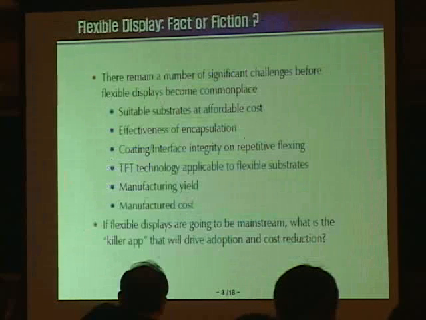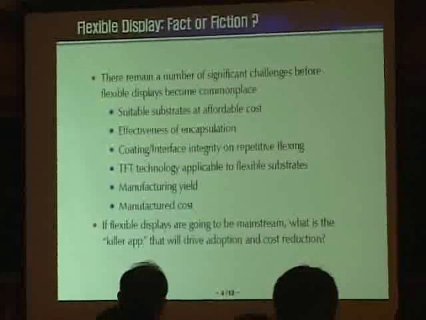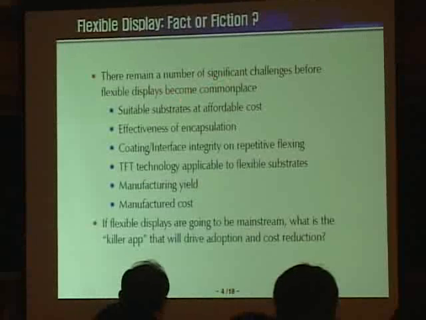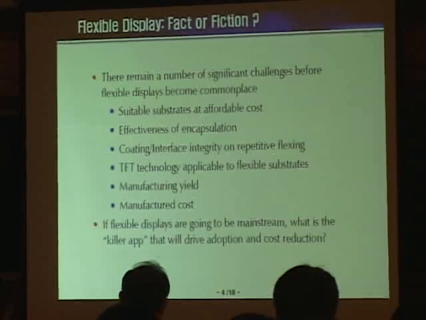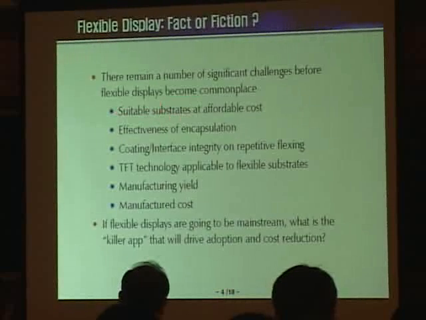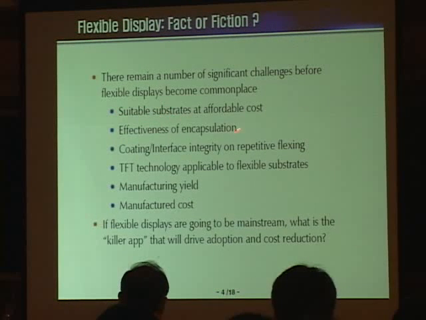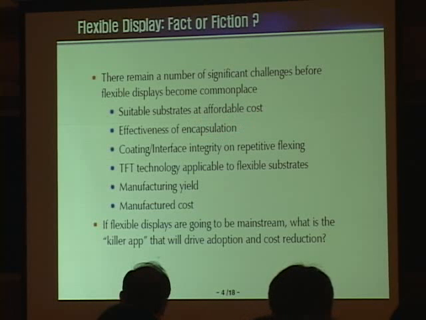Next slide, please. But for making plastic devices, there remain a number of significant issues before flexible display becomes commonplace. For example, a suitable substrate should be selected, and we should develop the encapsulation technique for the plastic substrate. And then coating and interface integrity and repetitive flexing should be considered.